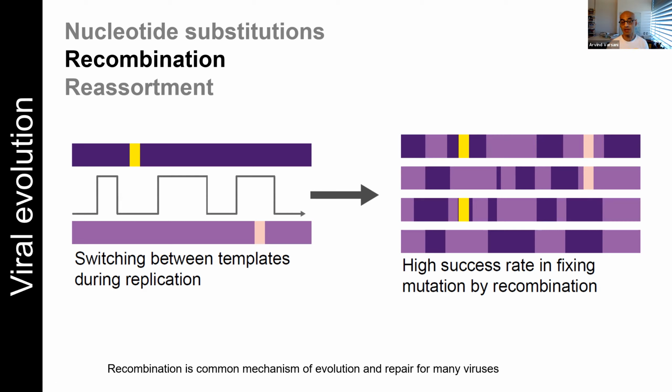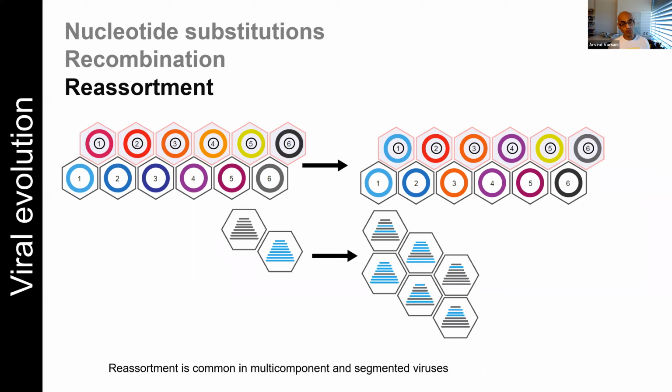You can imagine that if you're using only pairwise identity-based indexes to try and delineate viruses at a taxonomic level, you can very rapidly get new species emerging just through mechanisms of recombination. Also, there are certain viruses that are either segmented or multipartite. When they co-infect the host, they can reassort their segments, and as a result you get variable reassortants that can complicate taxonomy.